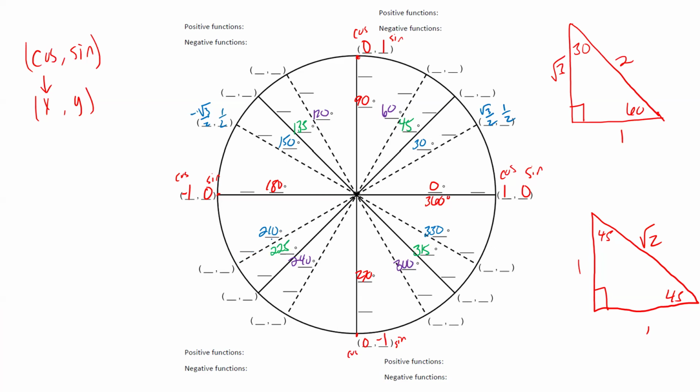But in quadrant 3, what are your x's and y's? Both are negative. Negative square root of 3 over 2 and negative 1/2. In quadrant 4, my angle that has a reference angle of 30 is 330. And what are the signs in quadrant 4?